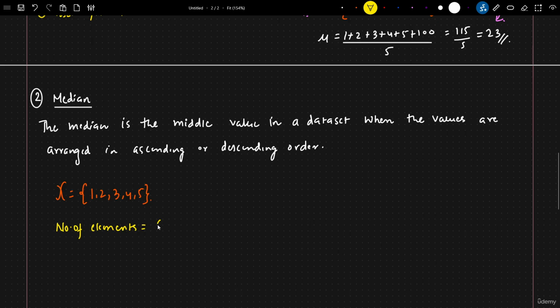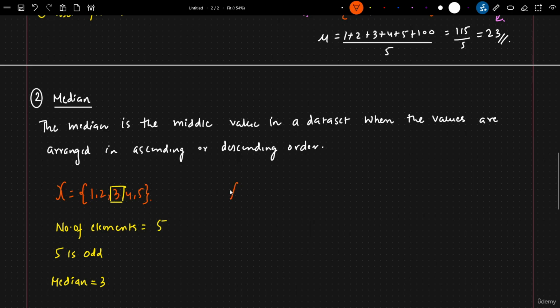So here the number of elements is 5. Then we will check whether 5 is odd or even. So 5 is definitely odd. If it is odd, we go ahead and find the middle element. So the middle element is nothing but 3. So here my median is actually 3. Okay. We are just trying to find the middle number.